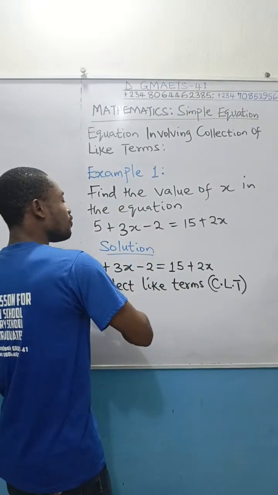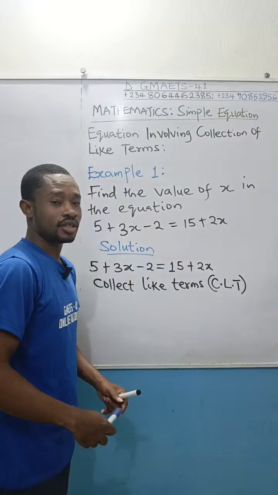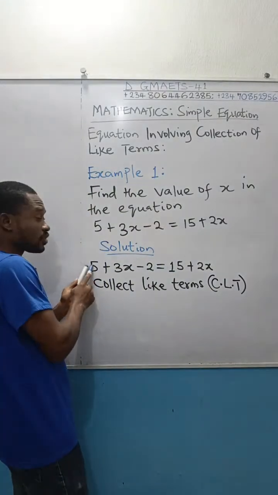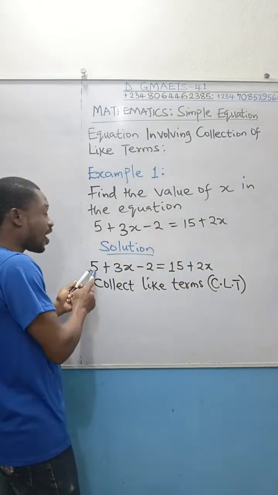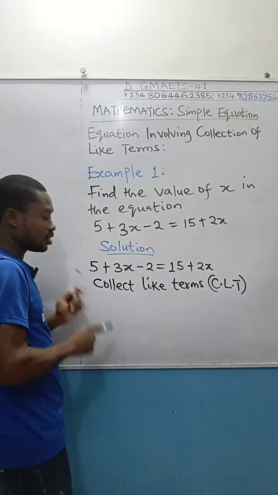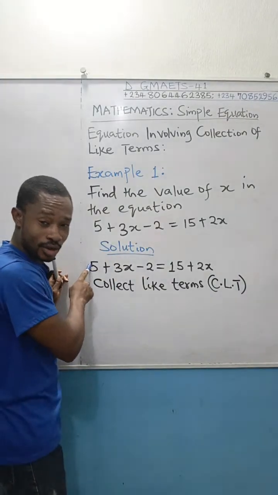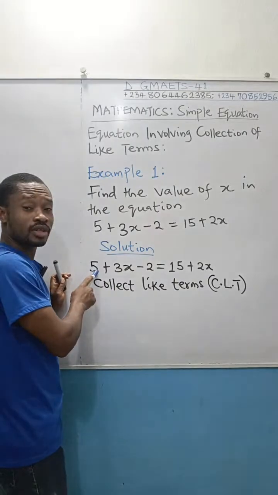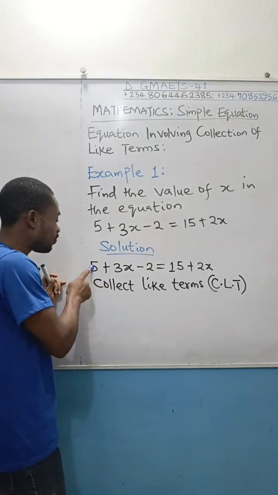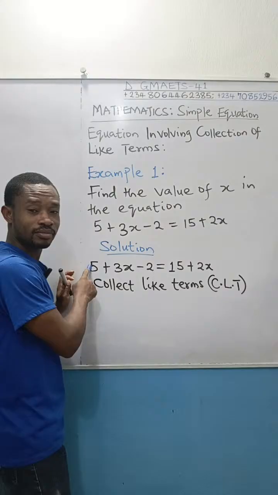So I want to move all the numbers to the right-hand side, which means I will move this plus 5 to the right-hand side. 5 is the first number on the left. You can see there is no minus before it. Therefore, this 5 is plus 5.